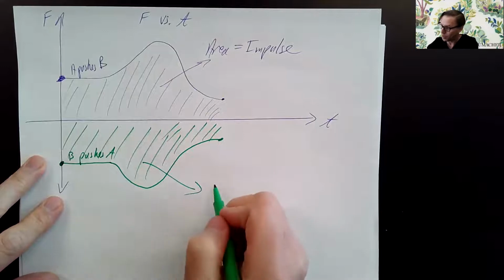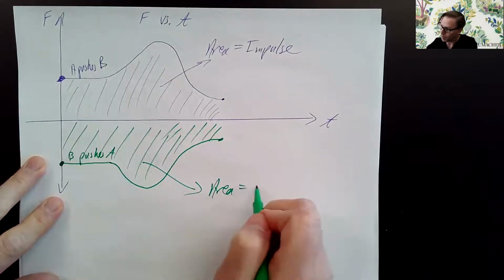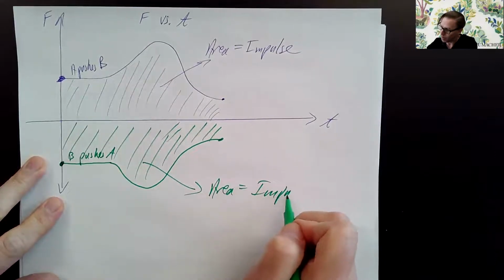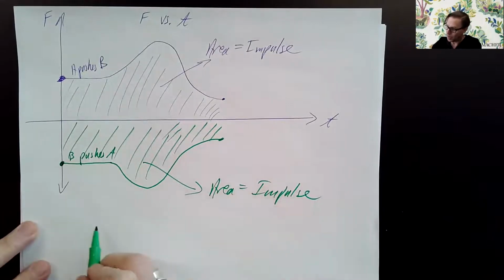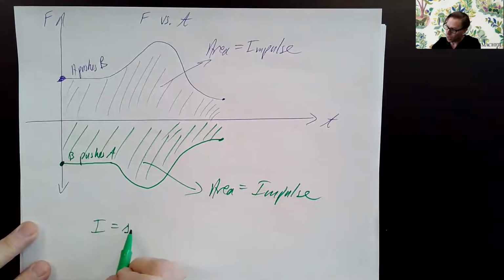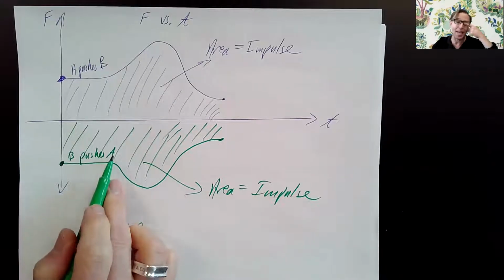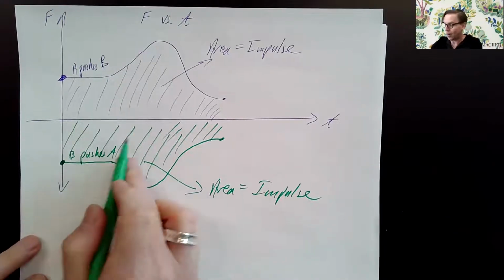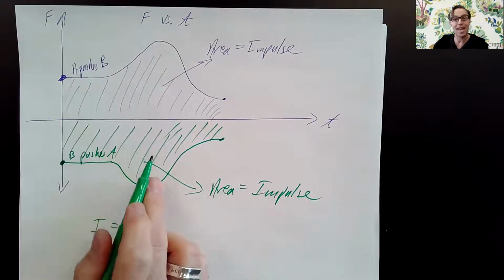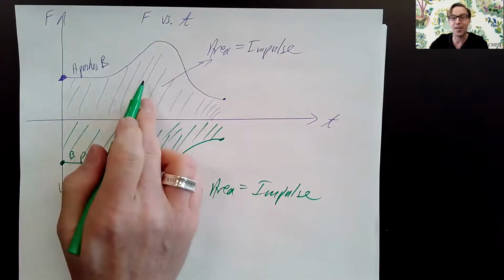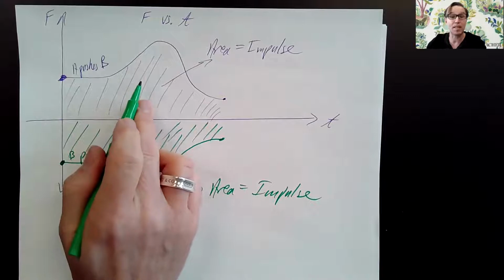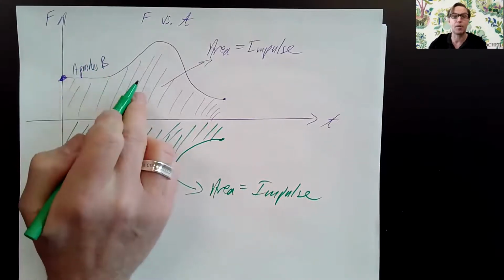It's again going to be impulse. And remember, impulse equals change in momentum. So this is the impulse or the change in momentum. A is getting pushed. So this area is the change in momentum of A. This area is the change in momentum of B, because B is getting pushed.